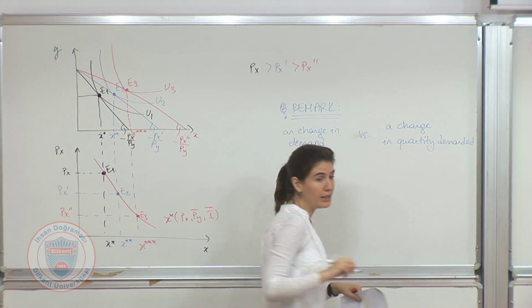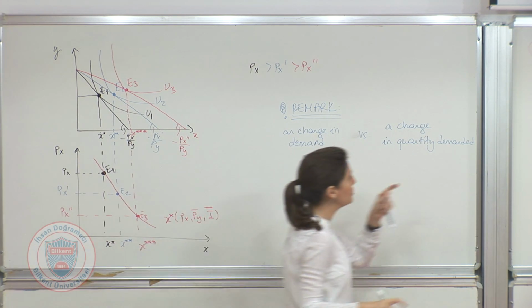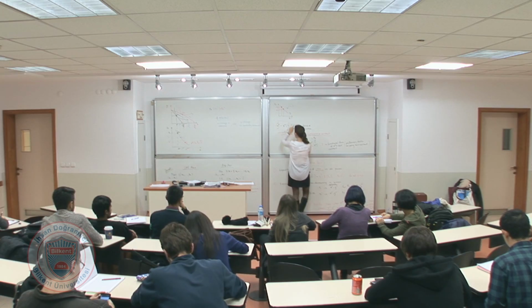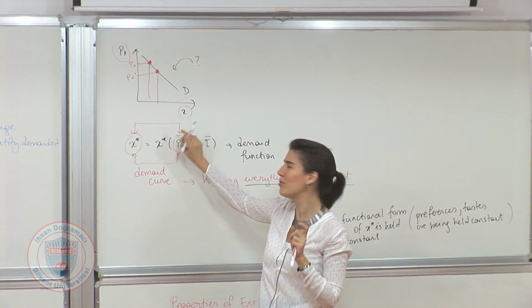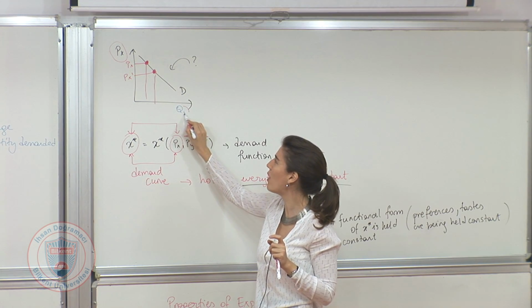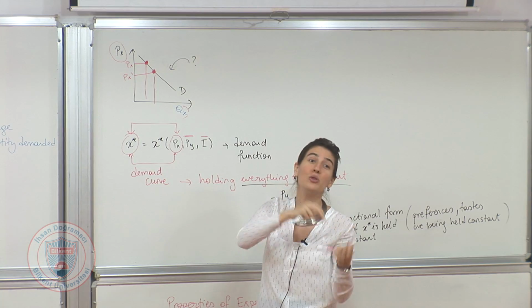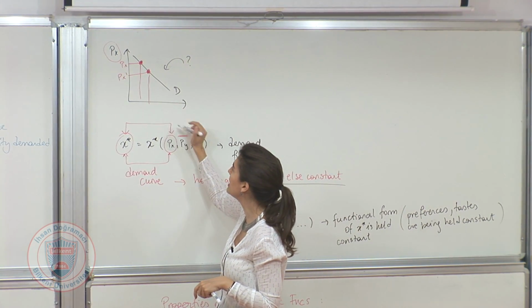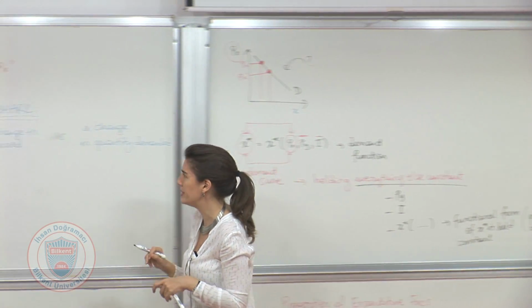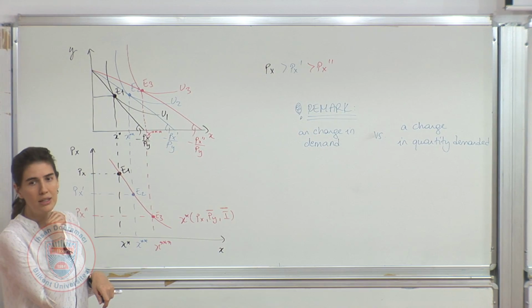By the way, when I was showing the relationship between PX and X, don't forget that this X is measuring the quantity, right? In your Econ 101, you were writing quantity of X, but in this course we use both, X as good X and also X as the quantity of X, okay? So basically X measures the quantity. So, a change in demand versus a change in quantity demanded.